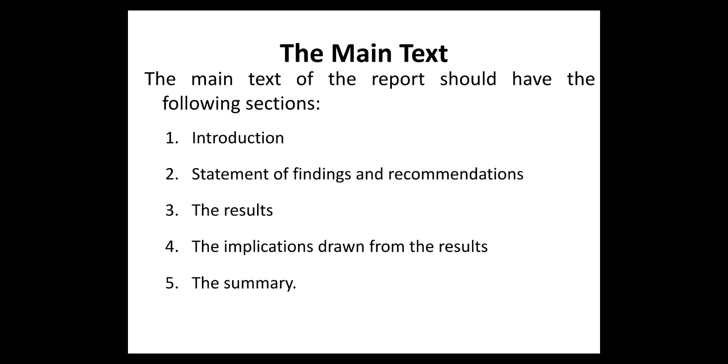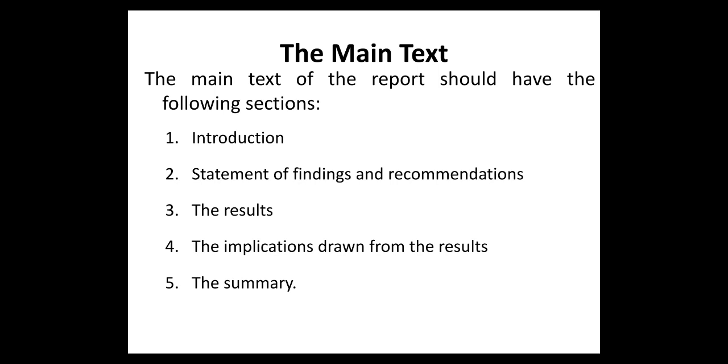Then next one is, in the main text, the summary. It has become compulsory to conclude the research report with a very brief note. We may say, a brief summary restating the research problem, the methodology, the major findings and the major conclusions drawn from the research.